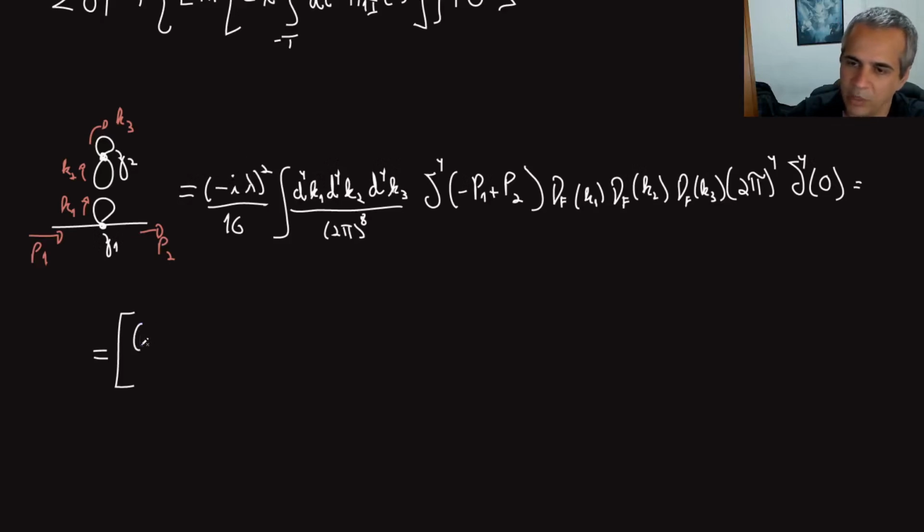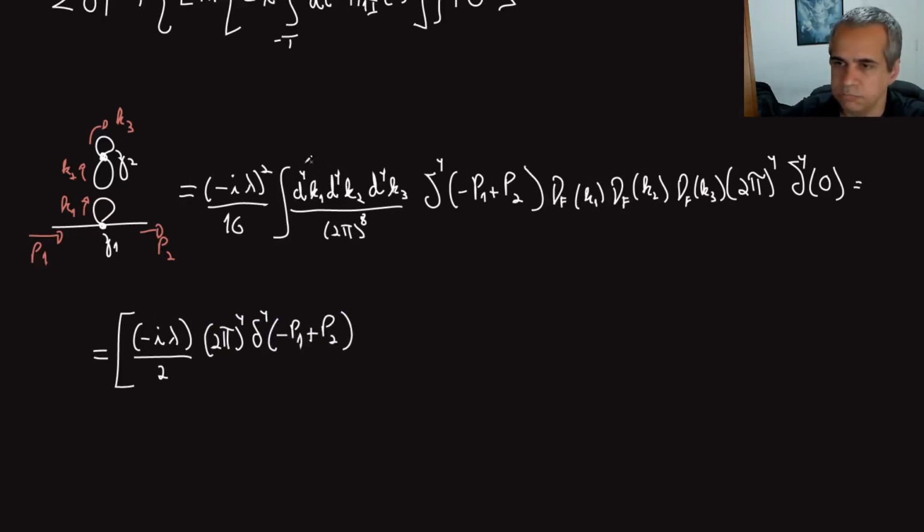So let me take one power of the vertex, take a factor 2 of the 16 over here, give me the total momentum conservation. I'll fix the powers of 2 pi later. P1 plus P2. Take one of these integrals over 2 pi to the fourth, which fixes the power of 2 pi here, and the propagator of K1.